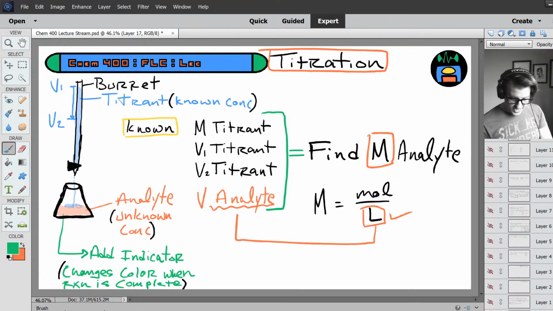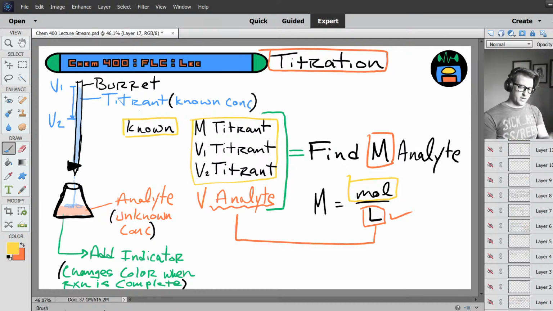You need to find your moles of analyte using this information here, your molarity of titrant, your initial and final volume. All right, so this is kind of the strategy. This is the conceptual breakdown. I'm going to walk you through step by step an actual titration problem, one that's comparable to what you could see on an exam, for example.